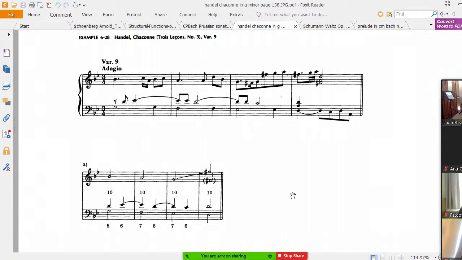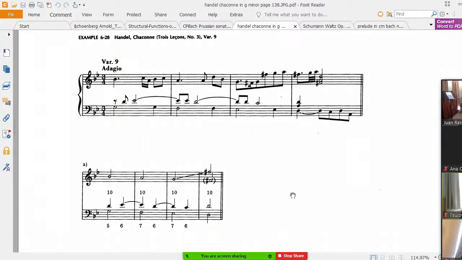You have the Handel chaconne. And then this is a chorale.